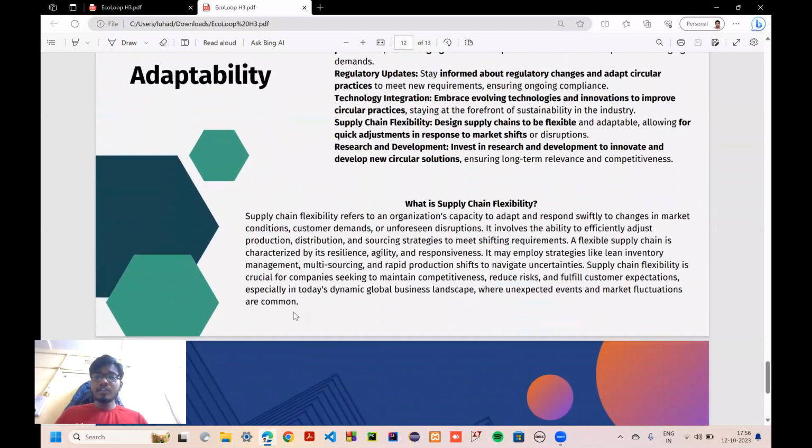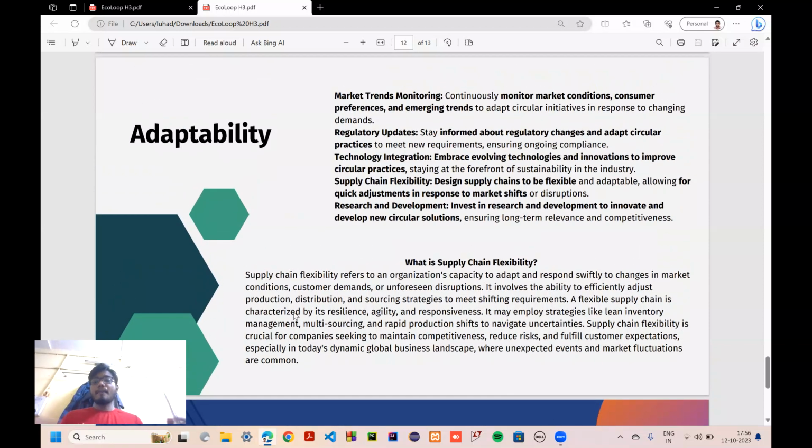So now we come to the final point, adaptability. What does adaptability refer to? Basically, the operation needs to adapt to its surroundings. It cannot just exploit the environment, but in fact, it has to learn how to use it more efficiently. These include market trends monitoring, regulatory updates, technology integration, supply chain flexibility, and research and development. The final point of research and development is very important in the case of circular economies.